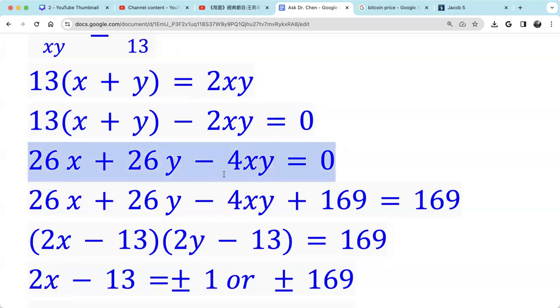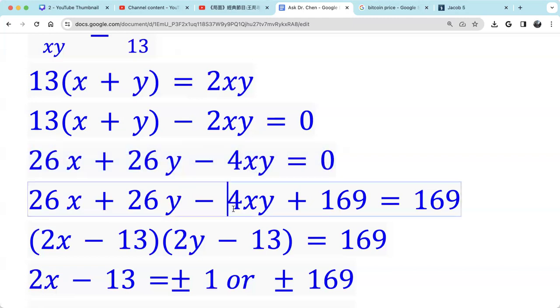So let's multiply by 2, right? Why do we want to multiply by 2? 26x plus 26y minus 4xy. And we also want to add 169 because we're thinking to make 2x minus something and then multiply by 2y minus something.